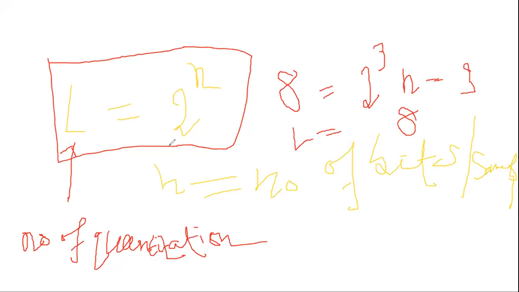Now the spacing between any two quantization levels, how to find out? You have to place quantization levels. These 8 quantization levels you have to place. So what should be the gap between two consecutive quantization levels? Are you listening to me, everyone? Is it clear?